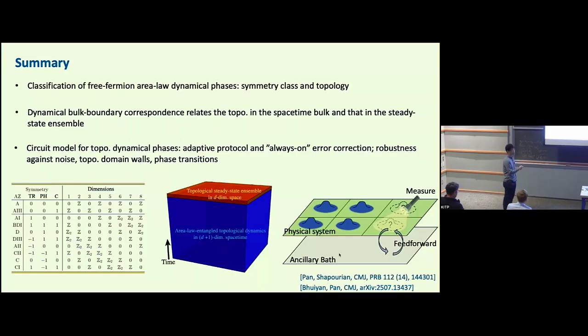And then I also gave you a picture of this dynamical bulk-boundary correspondence that relates the topology that is hidden in a dynamical process in the space-time bulk with the steady-state ensemble that is effectively sitting on the temporal boundary of the space-time. And then using this, I showed you how to construct general models for these interesting topological area law dynamics using the idea of always-on error correction.